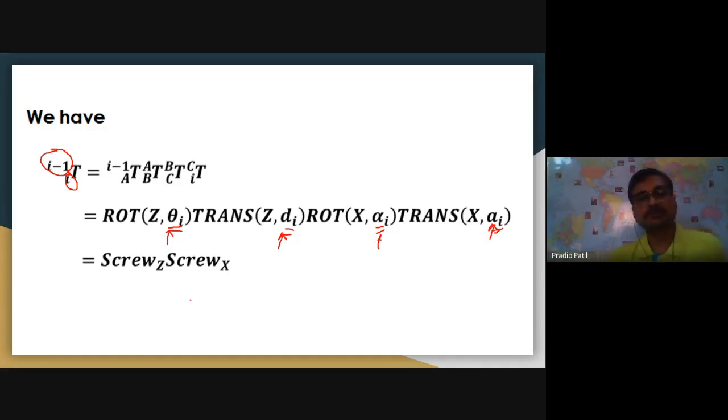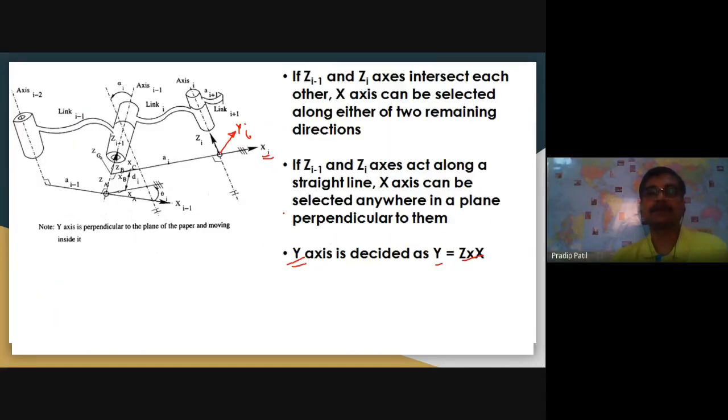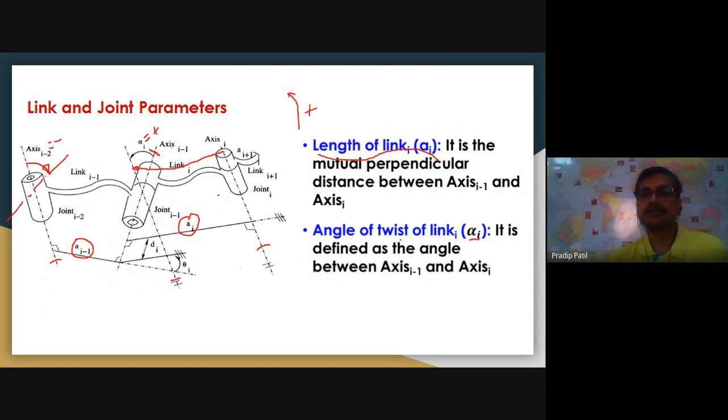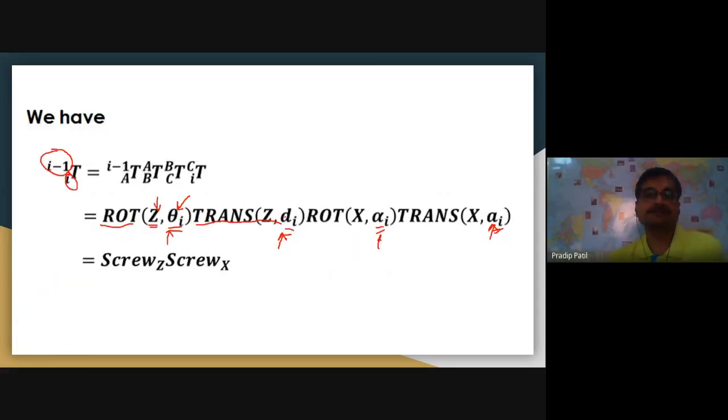If you look at these parameters, for example, how do we define theta i? Theta i is about the z-axis, so theta i means rotation. We define a rotation matrix about the z-axis by angle theta i, followed by the translation along the z-axis by how much, that is d i. The next one is rotation about the x-axis by angle alpha i.